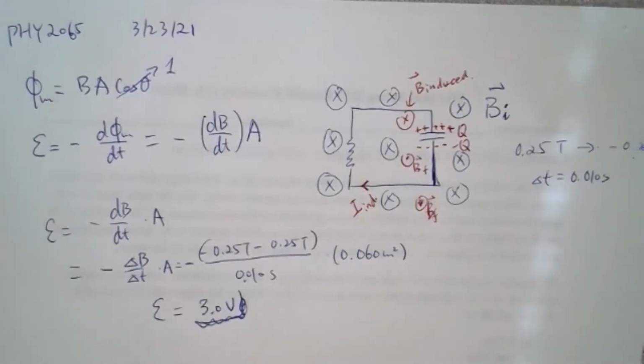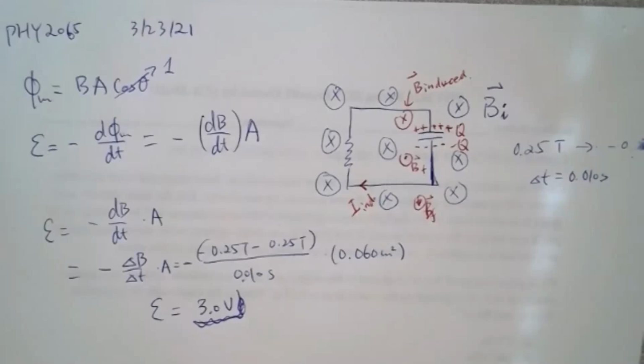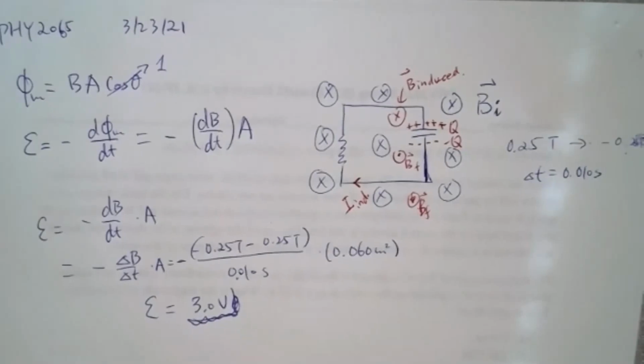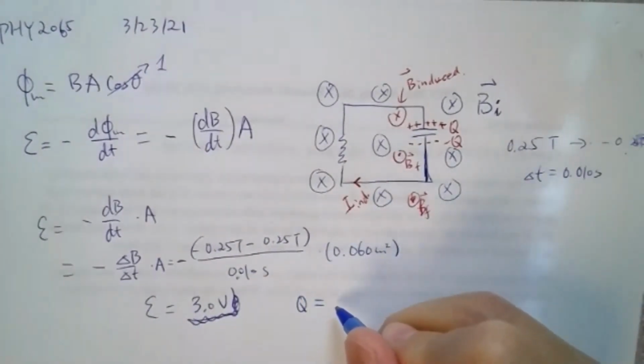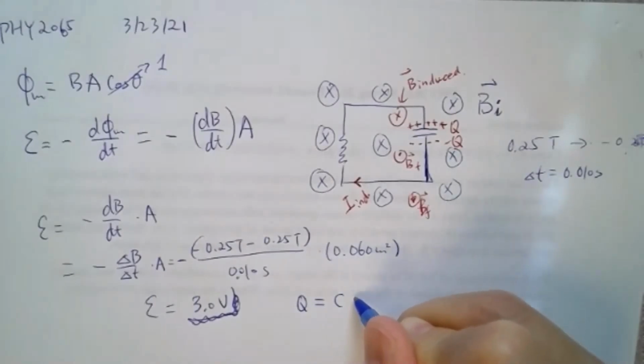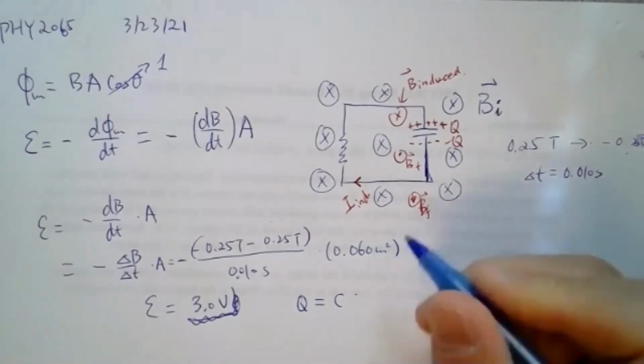So that's the voltage induced in the circuit. Now we can see how much charge that would be. Q is equal to C times epsilon, where epsilon is kind of the power supply to this circuit.